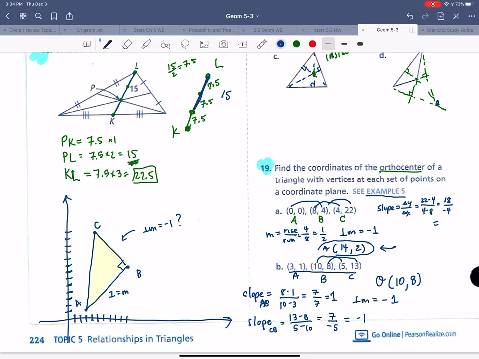Yeah, -1.4. So these are not perpendicular, so no, my orthocenter is not there. So this is not coming down at 1. It looks like it's coming down a little steeper than 1. But this is going up at a slope of 1. Okay.